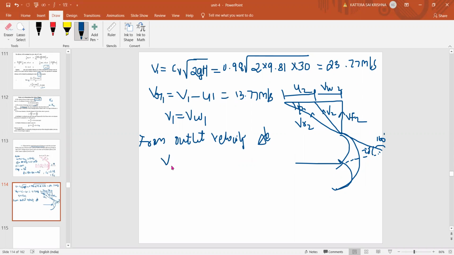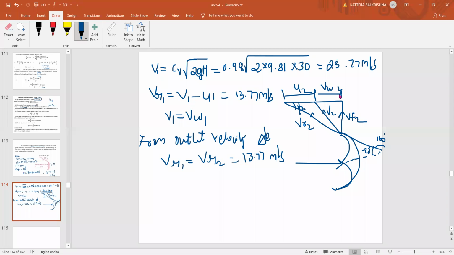So the first point we need to write is VR1 equal to VR2. The value we got for VR1 is 13.77 meter per second. So VR1 equals VR2, and we also have phi equal to 20 degrees.